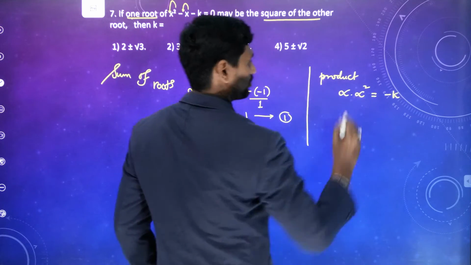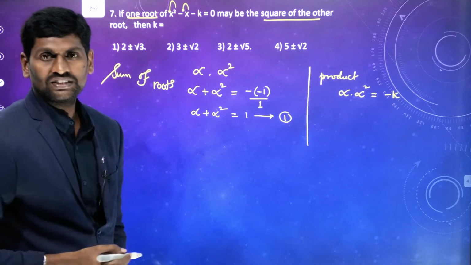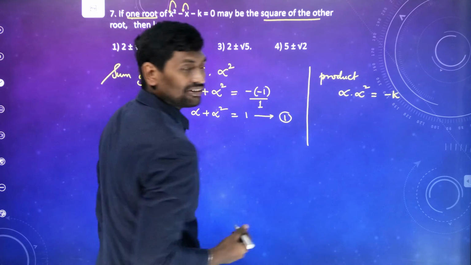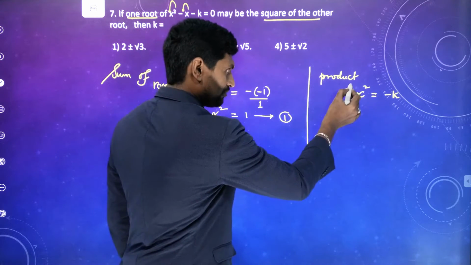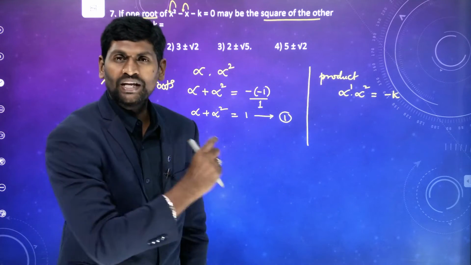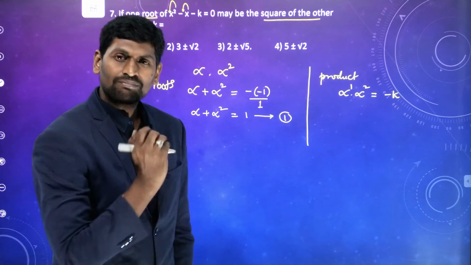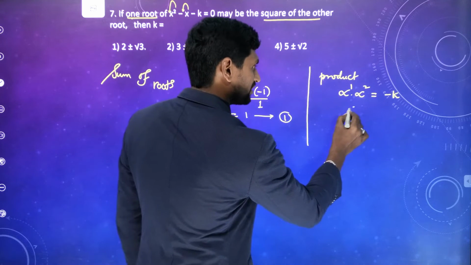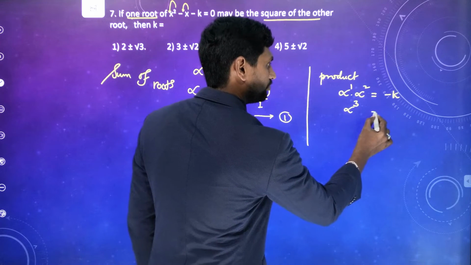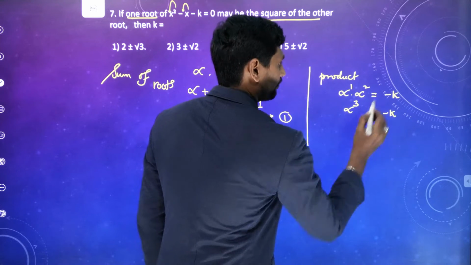A value 1, so we can leave minus k like that. Now alpha into alpha square, here alpha is nothing but power 1. If the bases are same, we can add the exponents, right? In the same process here also, alpha into alpha square is nothing but alpha cube, equal to minus k.